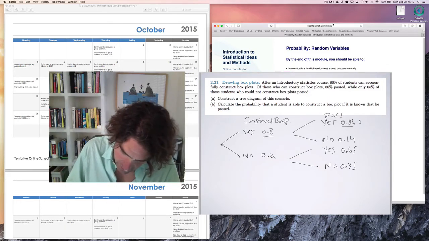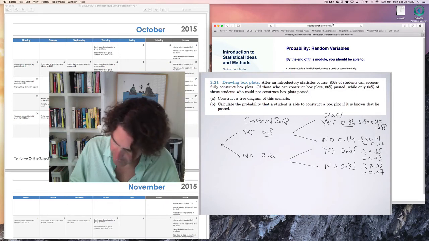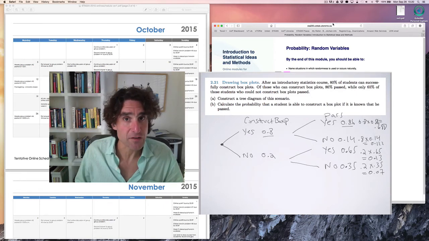So we can do that. 0.8 times 0.86 is equal to 0.688, and 0.8 times 0.14 is equal to 0.112, and 0.2 times 0.65 is equal to 0.13, and 0.2 times 0.35 is equal to 0.07. So that's our tree diagram.